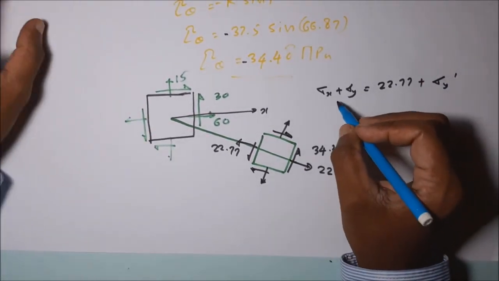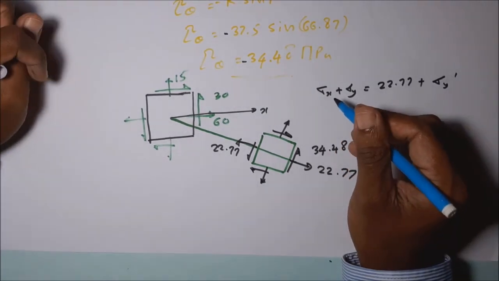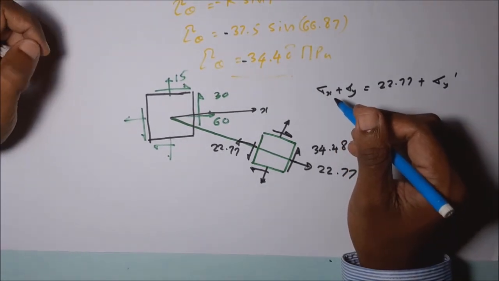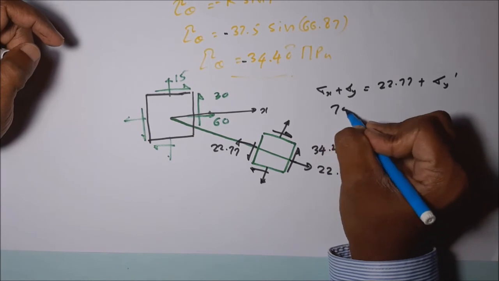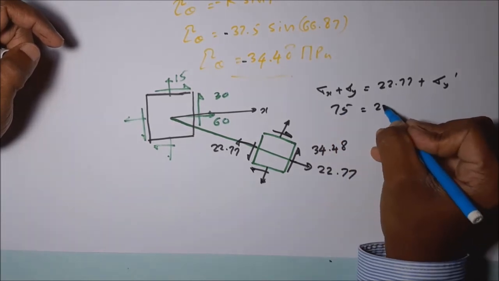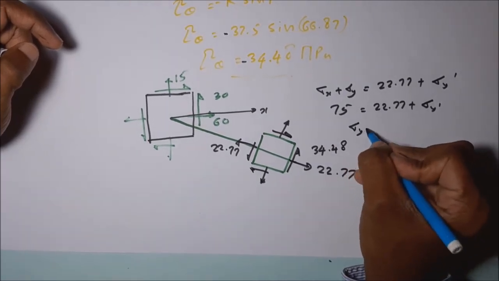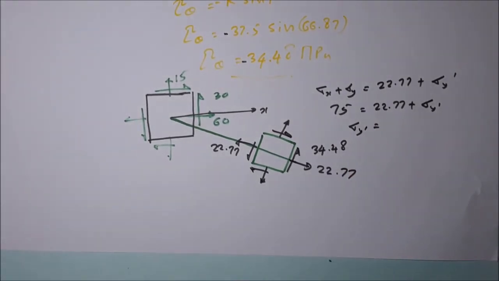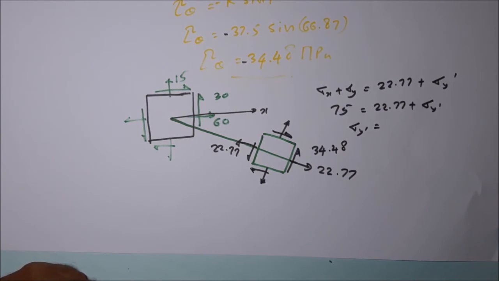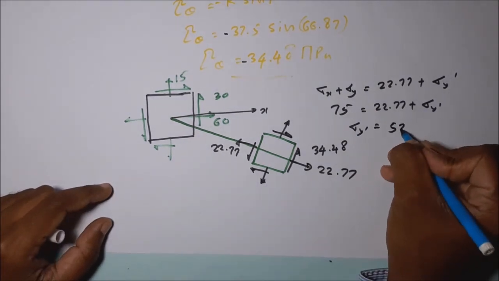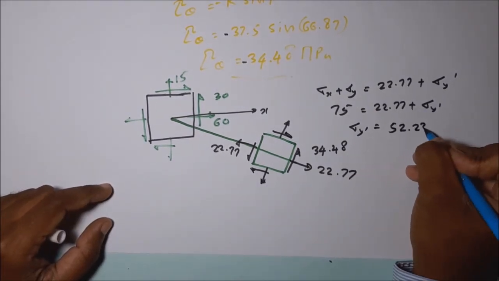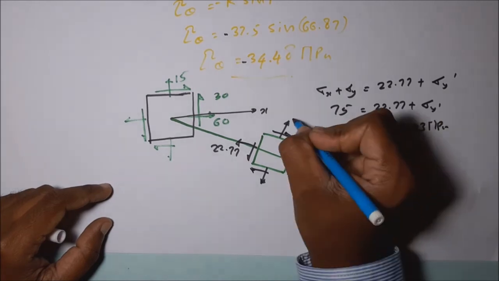Sigma x plus sigma y here is 15 plus 60, which is 75. So 75 equals 22.77 plus sigma y dash, and sigma y dash is 75 minus 22.77, which is 52.23 megapascal.